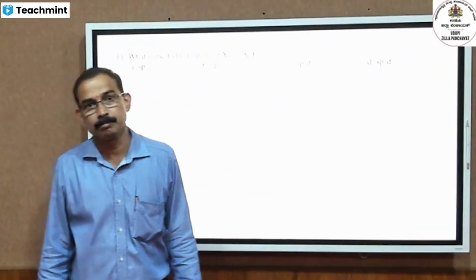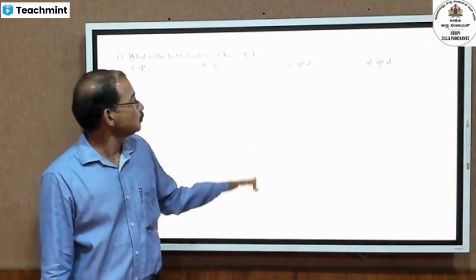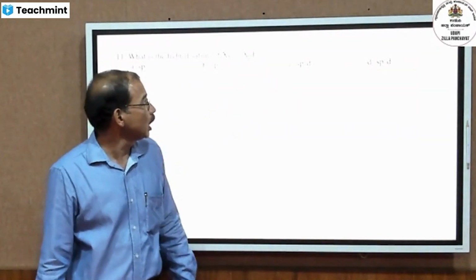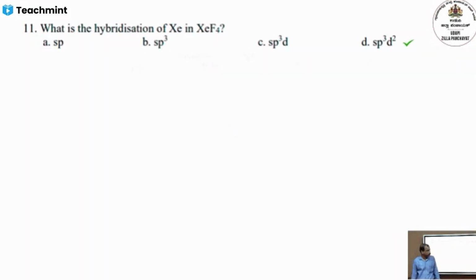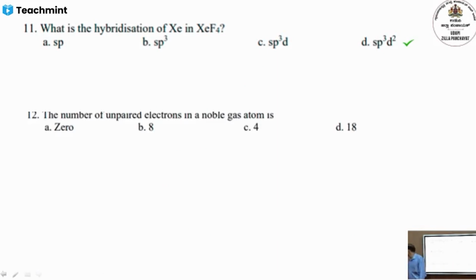So in XeF4 you have 6 pairs of electrons. To accommodate that, you need the hybridization sp3d2.